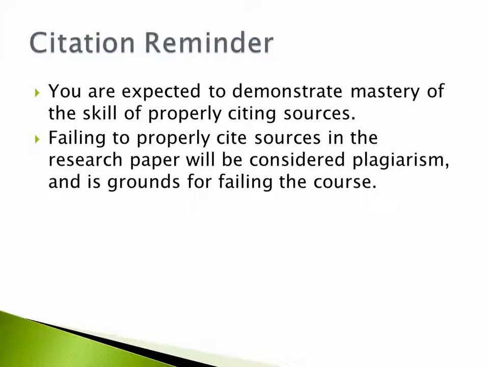And to that end, if you fail to properly cite sources, it is considered plagiarism, and not just that you fail this column on the scoring guide, or not just please redo this, but it really is a failing event in the course if you have not properly cited sources on your research paper. So if you're not properly citing sources, it is considered plagiarism, and that will be grounds for failing the course. So it is very important that you are diligent about citing sources on that research paper.